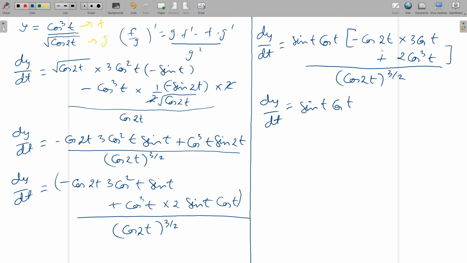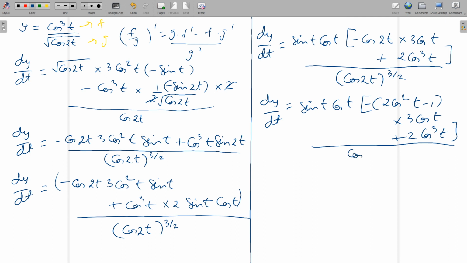Here we can see that if we write cos 2t in terms of cos t, then we can simplify it further, so that is what we'll do. Rewriting cos 2t as 2 cos square t minus 1, we get minus (2 cos square t minus 1) into 3 cos t plus 2 cos cube t, the whole divided by cos 2t raised to 3 by 2.